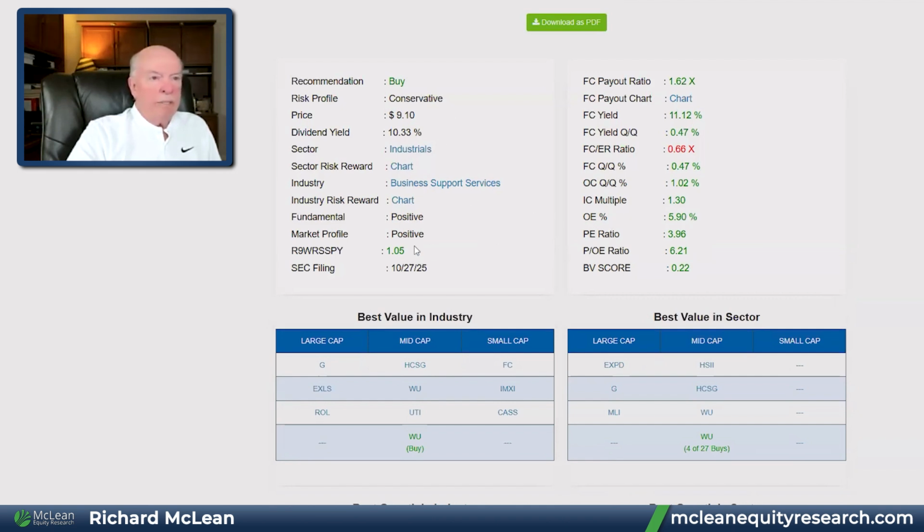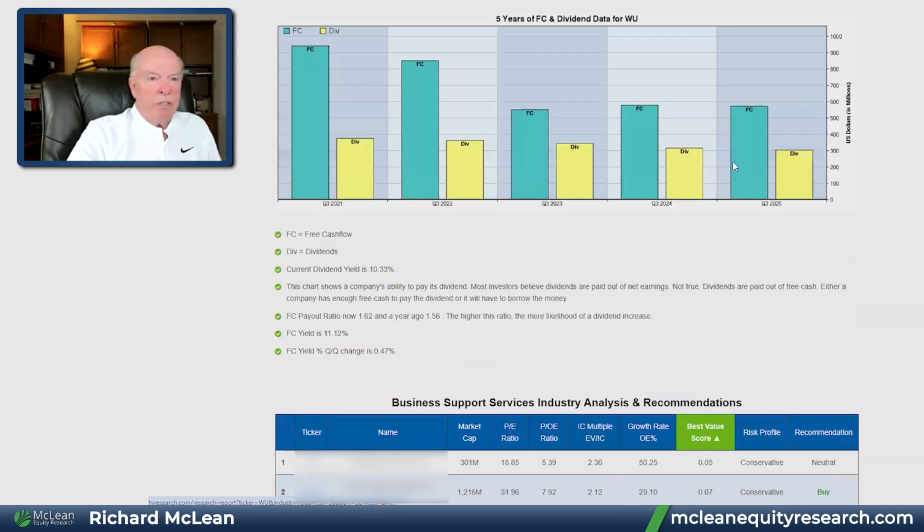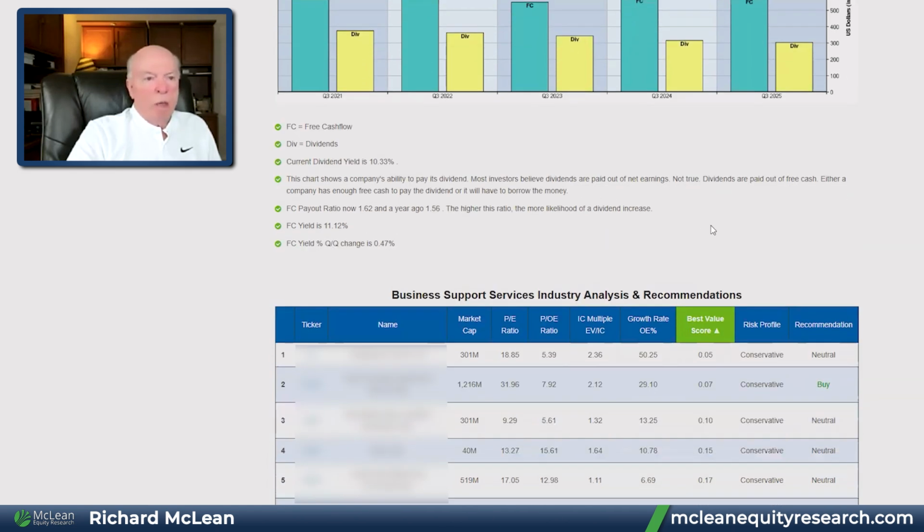The market likes it, and it pays a 10% dividend. Here's the dividend chart. They've had free cash, and they've kept this dividend the same. It's just the stock price has come down to make it a 10.3. So now the long-term return is like 8.25% net of inflation.